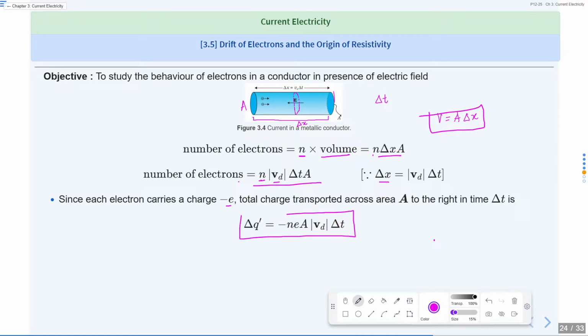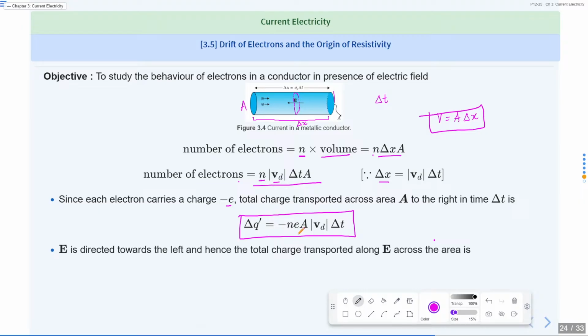That is the total charge transported in the opposite direction of the electric field, since electrons are moving opposite to the direction of the field.